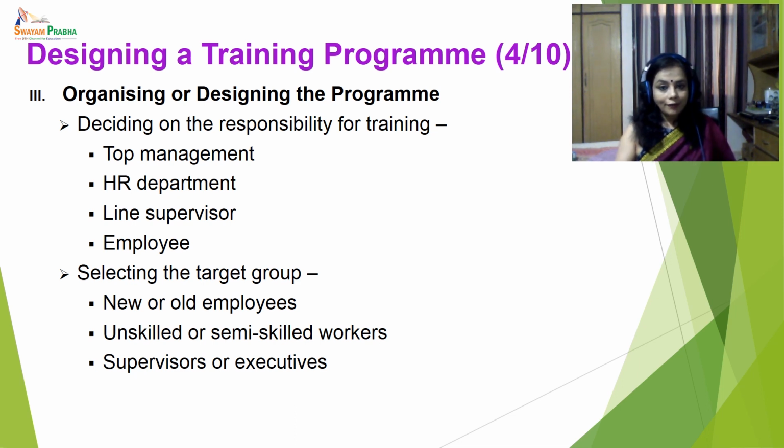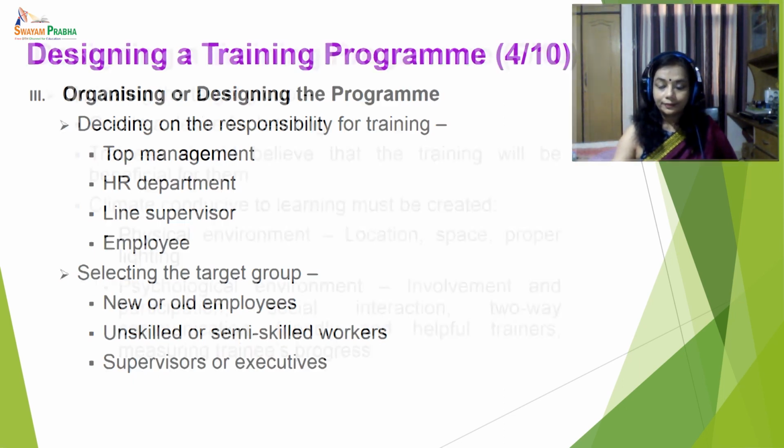So you have to select the target group for which the training program has to be arranged, because the whole of the contents and the material which will be supplied during the training program will depend upon the type of group selected for the training program. So the type of trainees, getting to know them is very important.